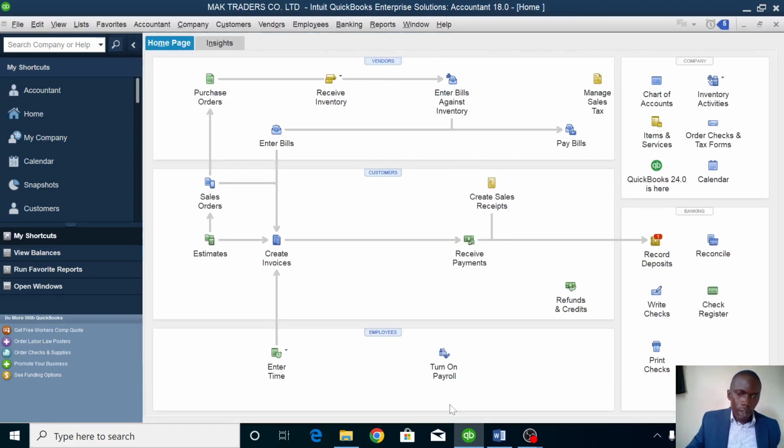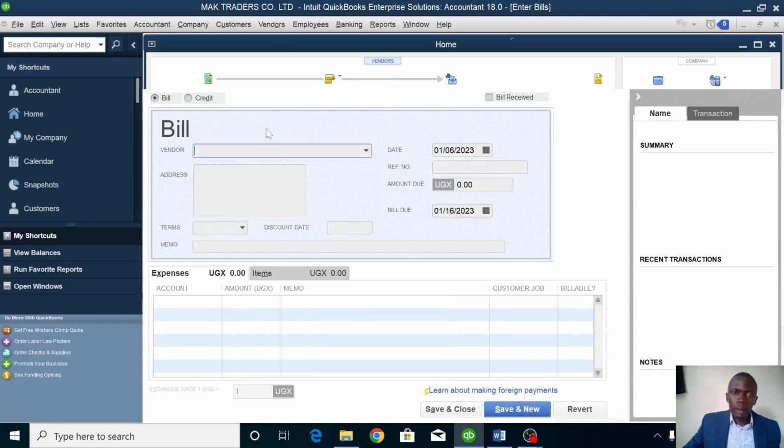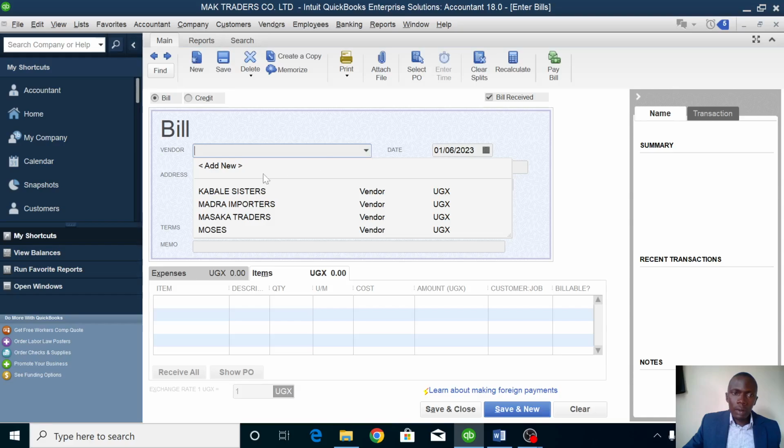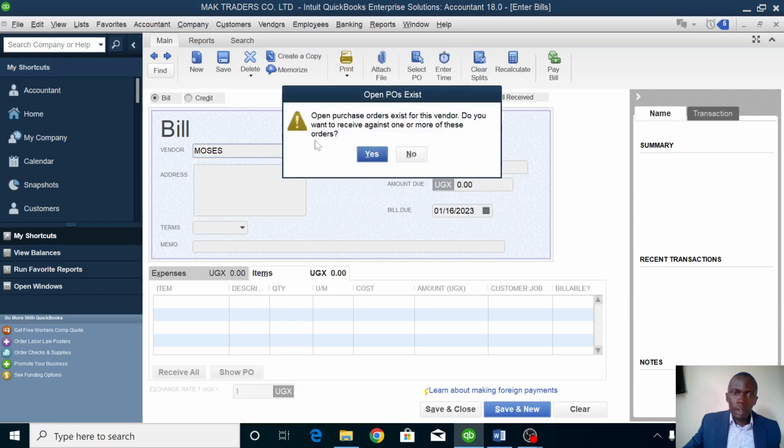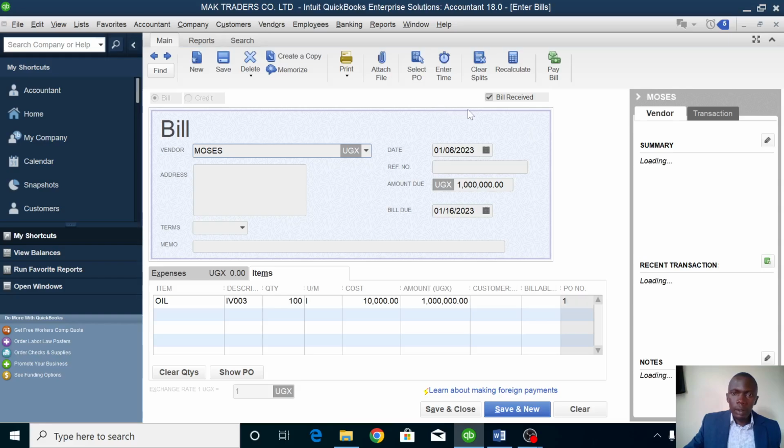So go to our next transaction. So after making a purchase order, we receive the inventory with a bill. Our vendor was Moses. Yes, we check this, we say okay.